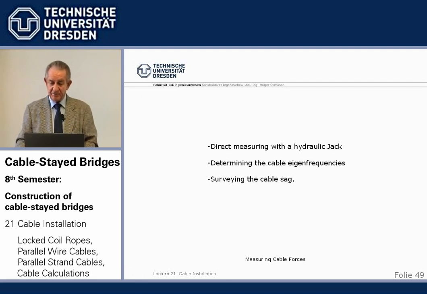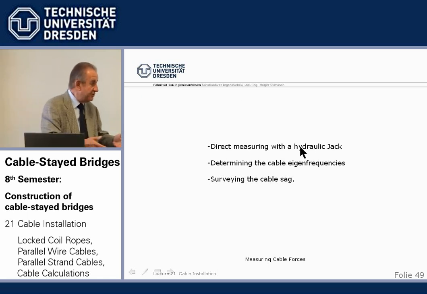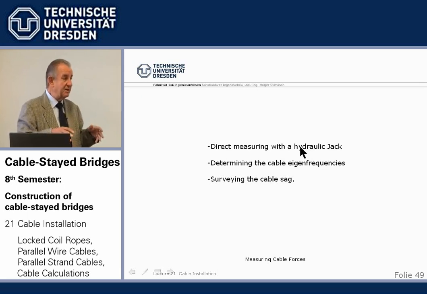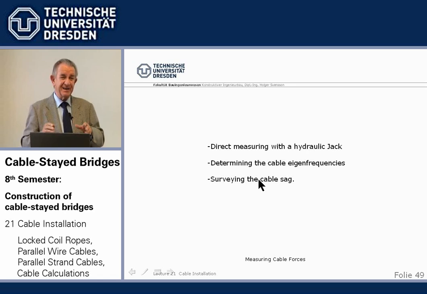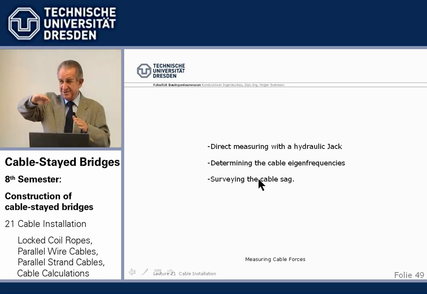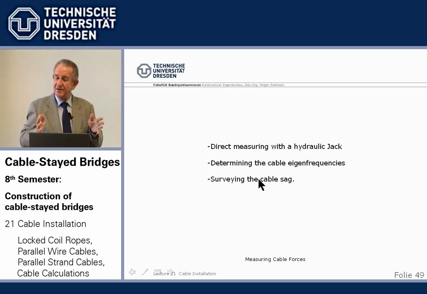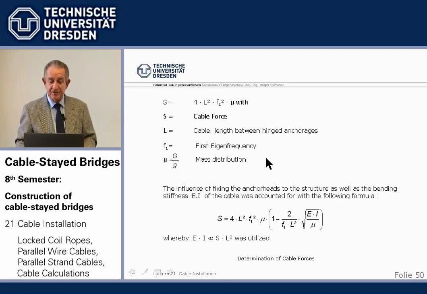Now, the direct measuring with a hydraulic jack can well be done at the end of construction, when there still is a hydraulic jack and you have a carriage to move it and all these things. Once that's out and construction is complete, it's very expensive to get a jack in there. So not good for the final way. Surveying the cable sag is a little tricky because you have this skew line up there. It can be done. But the easiest method is determining the cable eigenfrequencies.